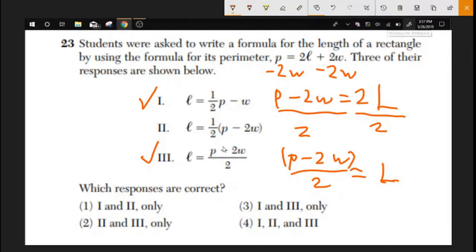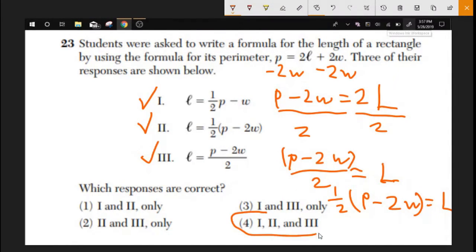So this would be equivalent because you just have half of P minus 2W is equal to L. And so we could know that all 3 responses are correct, and we can circle that one.